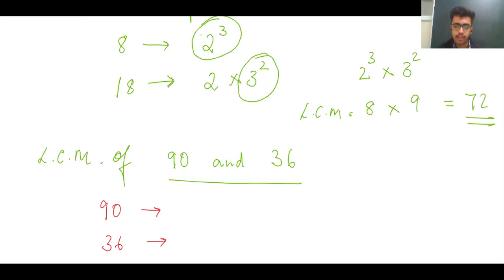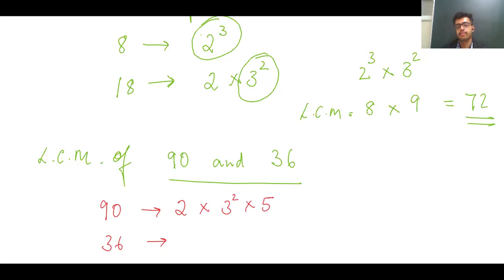What is the prime factorization of 90? It is 2 into 3 square into 5, right?